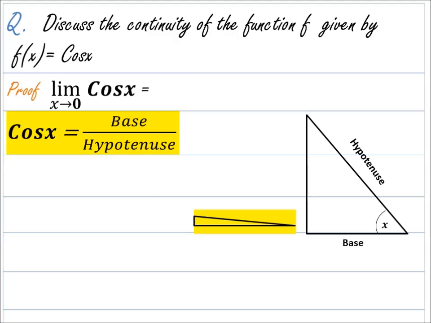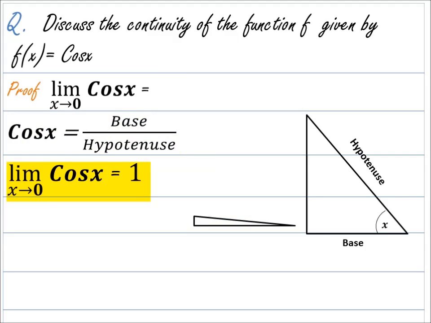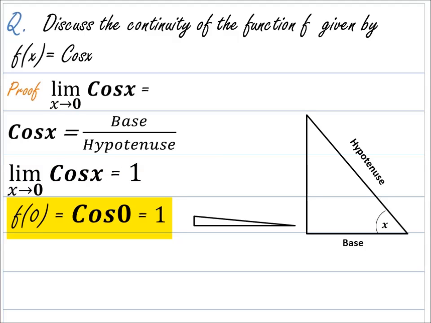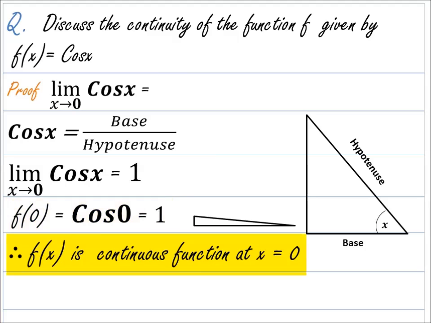And what's the value of the function at x equal to 0? Now cos 0 is equal to 1. And which means the value of the function and the limit of the function at the point x equal to 0 are the same. So that means the given function cos x is continuous at the point x equal to 0.